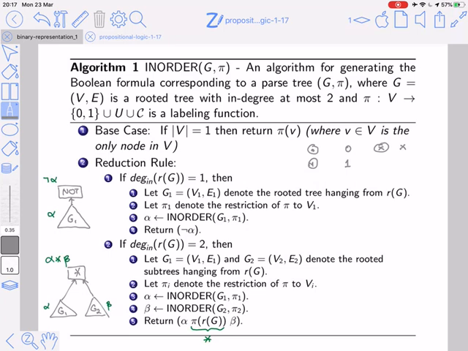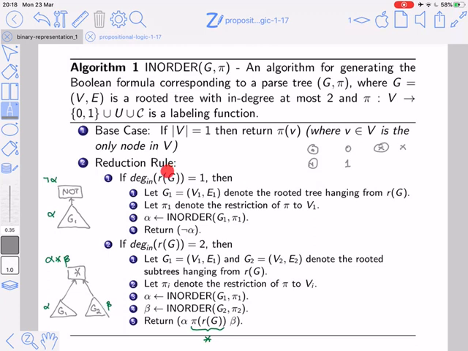This is the base case. Now we go to the reduction rule. The reduction rule applies when the number of vertices in the parse tree is greater than 1. Now we look at the root of the parse tree, and we consider two cases. Either its indegree is 1 or its indegree is 2. These are the two cases we need to address because we assume that the indegree of every node in the parse tree is at most 2.